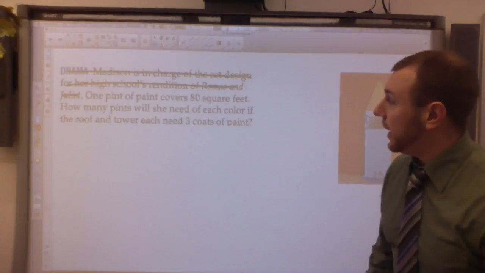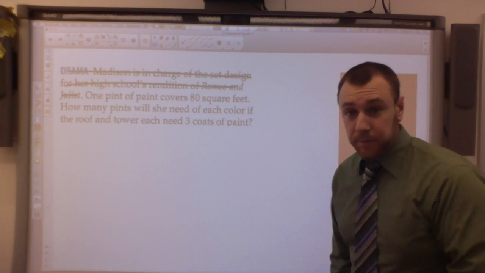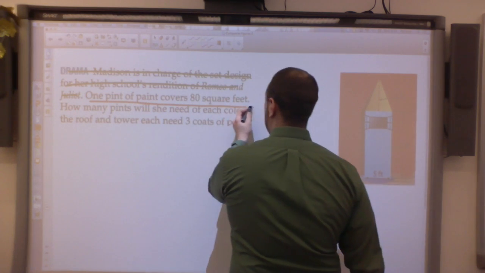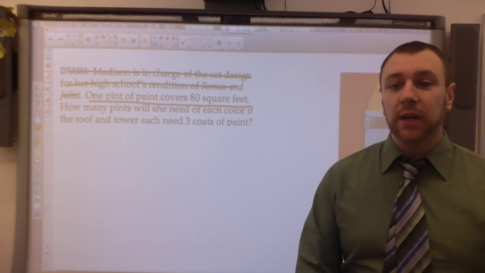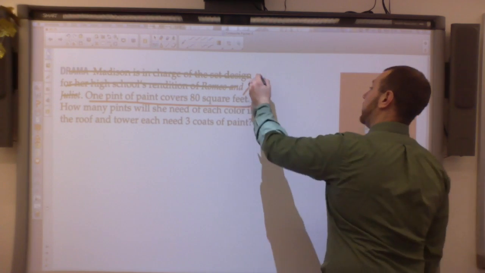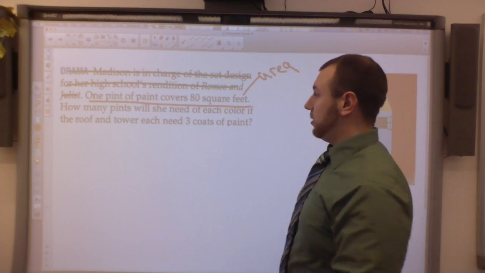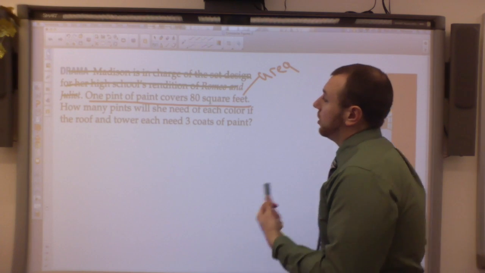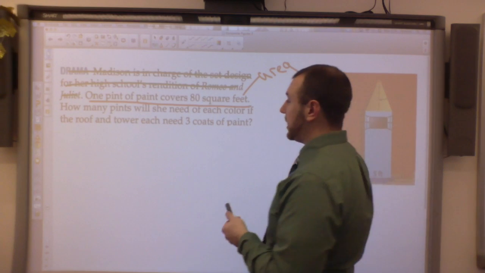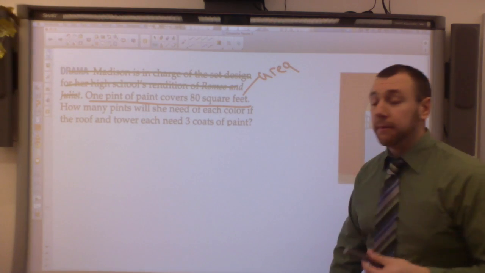1 pint of paint covers 80 square feet. That is important to my question. And it gives me a clue into what I have to find. Every time you see square feet, I'm going to have to deal with area. How many pints will she need of each color if the roof and tower each need 3 coats of paint?